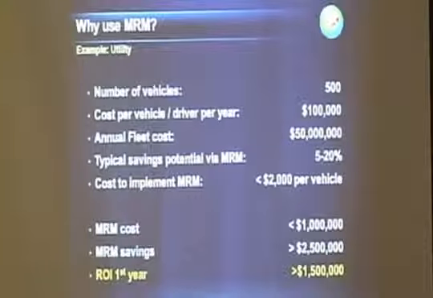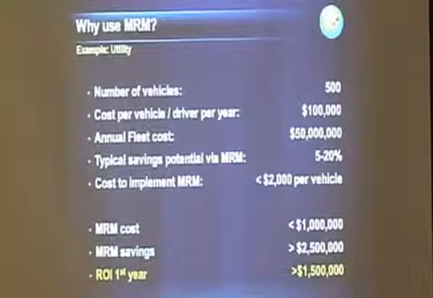If I take 5%, which is a normal saving with mobile resource management based on experience, then 5% totals savings of $2.5 million. I compare that to the actual cost to put in a mobile resource management system, which is typically less than $1 million for this size.